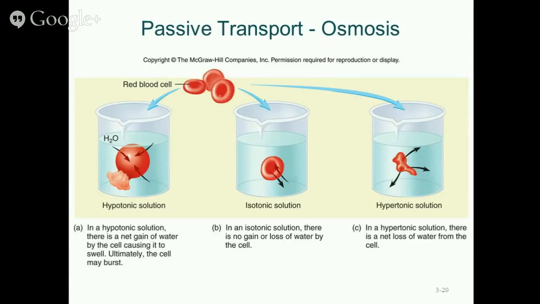So we put these 3 red blood cells in 3 different beakers of some solution. We won't call it water. Let's look at the middle one. It's an isotonic solution. What that's telling us is a cell has a semi-permeable membrane, right?